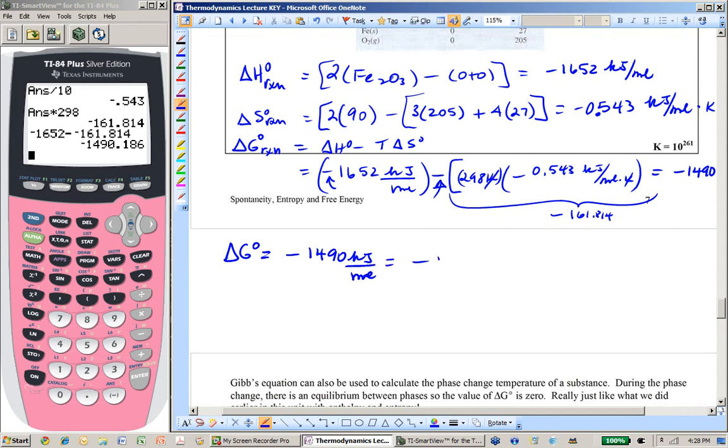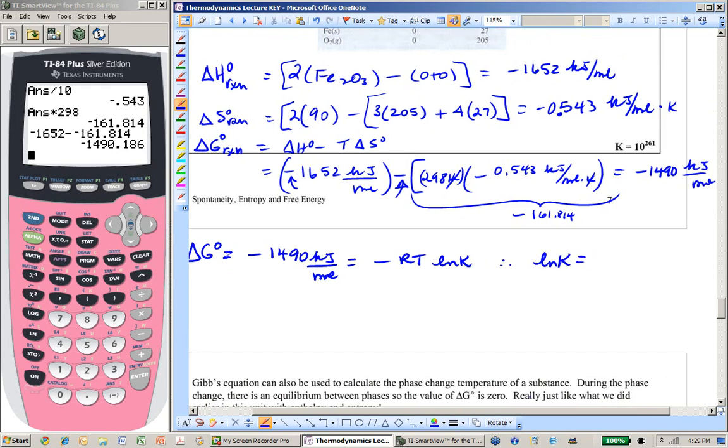Which is also equal to minus RT ln K. Therefore, ln K is equal to negative 1490. I'm going to drop the units because K's are unitless anyway. So I'm going to cheat a little bit there because I can. So negative 1490 divided by a negative RT, which is equal to 8.31 times 298.